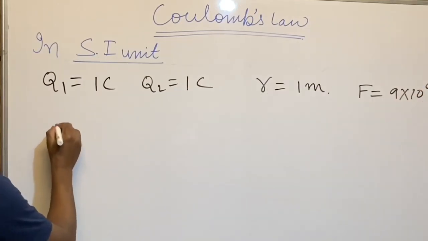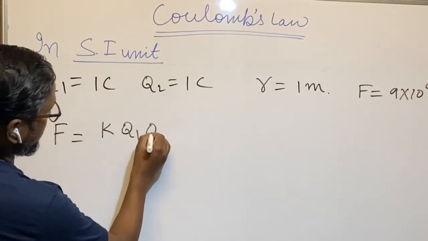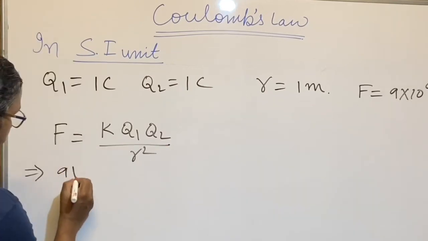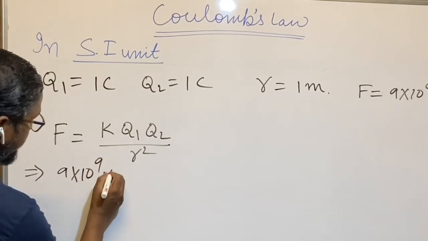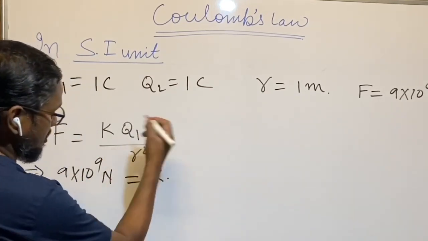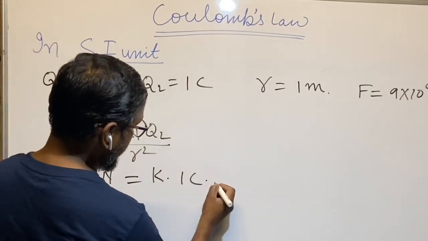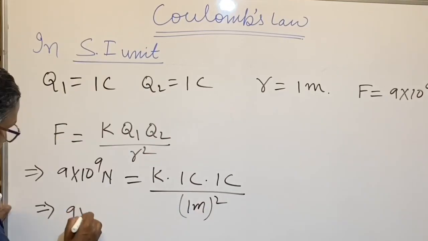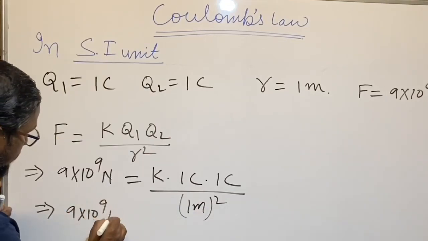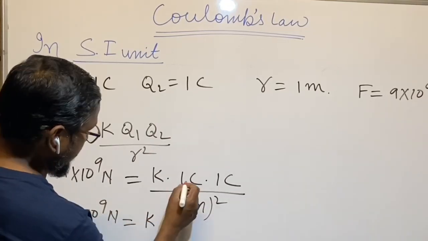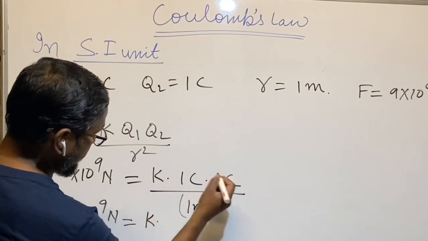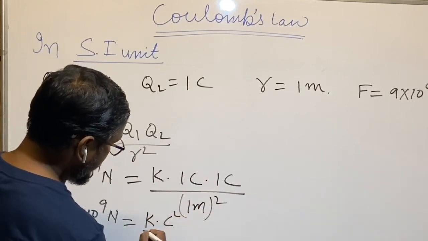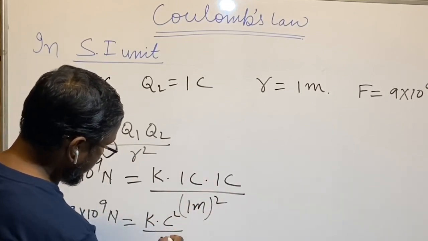From Coulomb's law, F is equal to K Q1 Q2 by R square. 9 into 10 to the power 9 Newton is equal to K, and Q1 is 1 Coulomb, Q2 is also 1 Coulomb, by 1 meter square. 1 into 1 will be 1, Coulomb into Coulomb will be Coulomb square, and here 1 meter square.